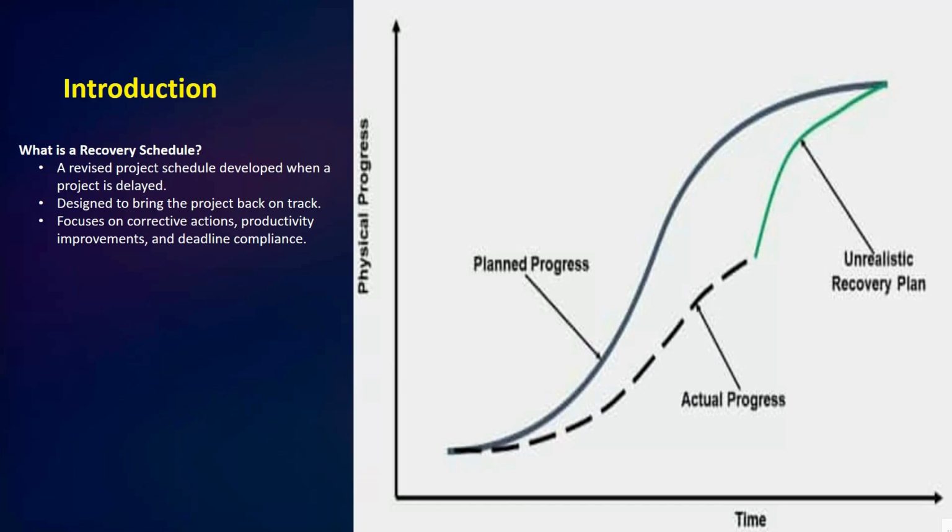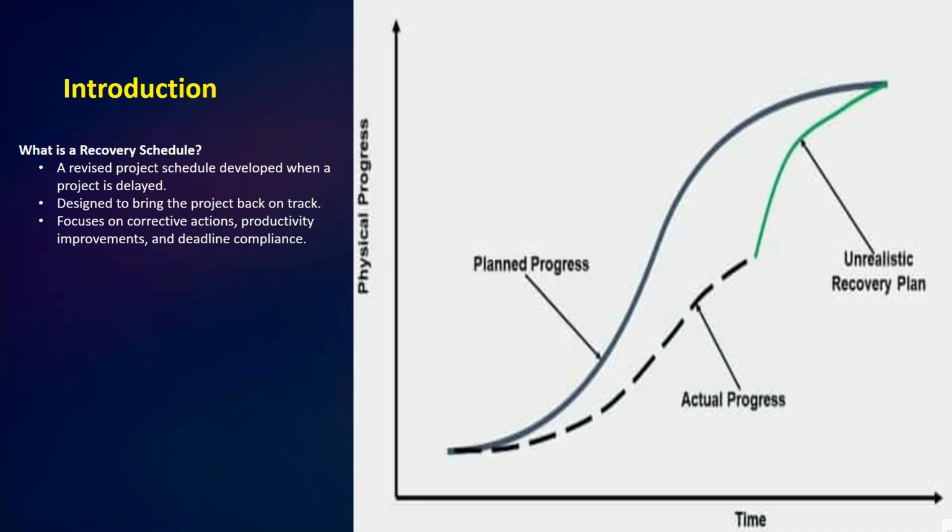Okay, so the main purpose of a recovery schedule is to find ways to overcome lost time and avoid further delays. So it does this by focusing on corrective action such as improving productivity, adjusting resources, or changing the sequence of activities.